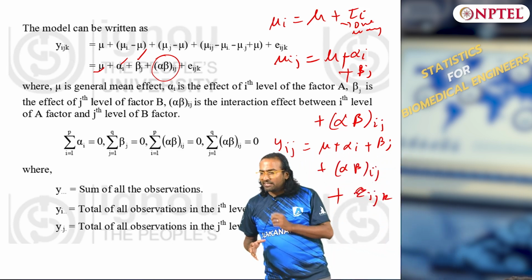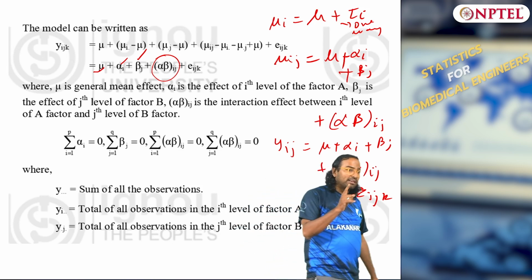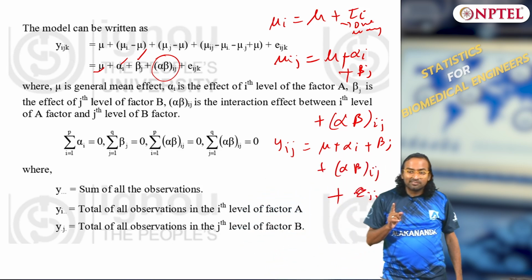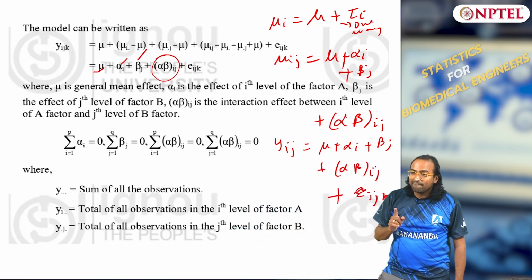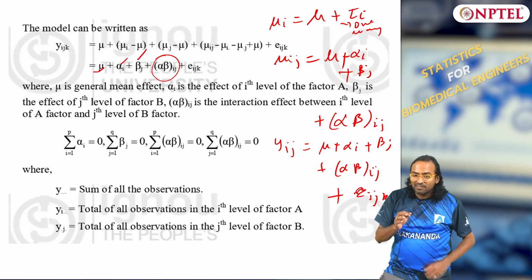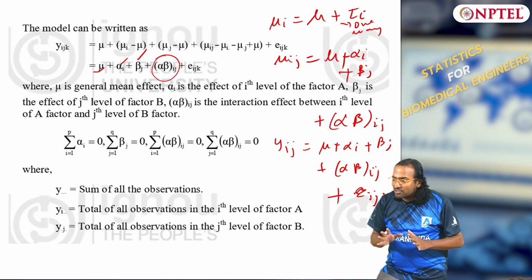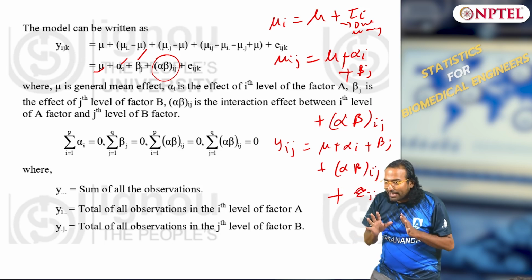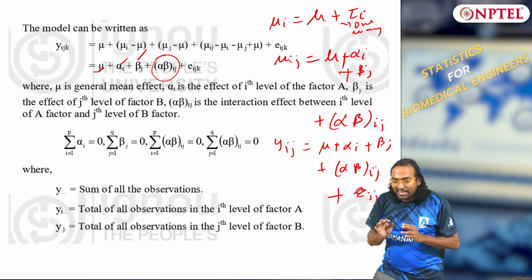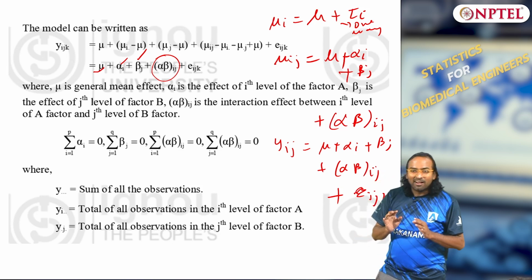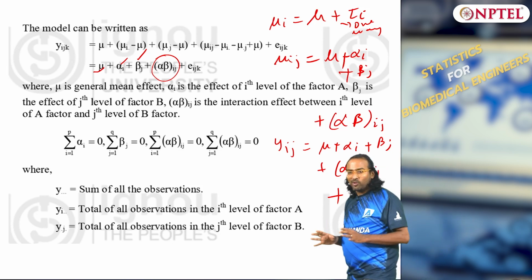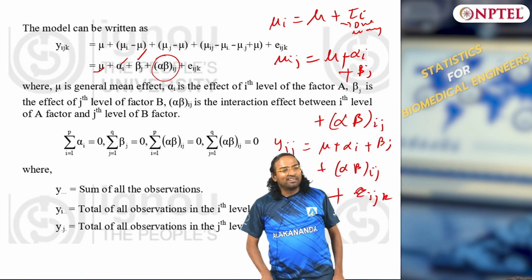Make sense? Now remember, here also the interaction is, what kind of interaction am I studying? Linear or non-linear? Alpha times beta. Again this is linear, I did not study alpha square beta or alpha cube beta. I am only looking at linear interactions.